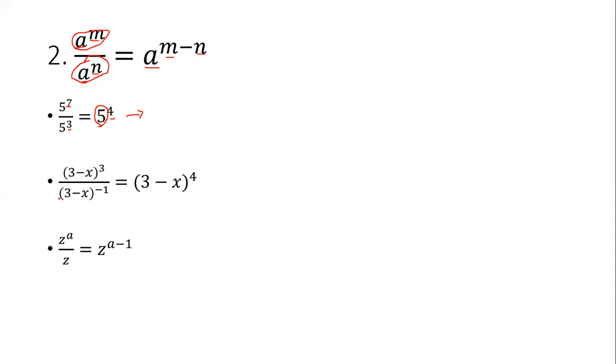For our second example, we have 3 minus x raised to 3 divided by 3 minus x raised to negative 1 equals 3 minus x raised to 4. So how did that happen? So as you can see, pareho po yung base. We copied the base. Ayan. Then, 3 minus negative 1.